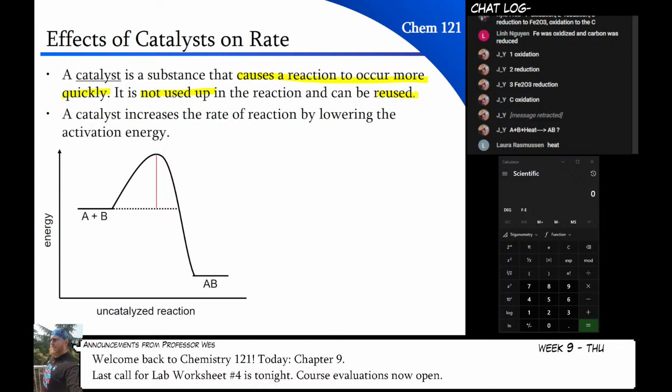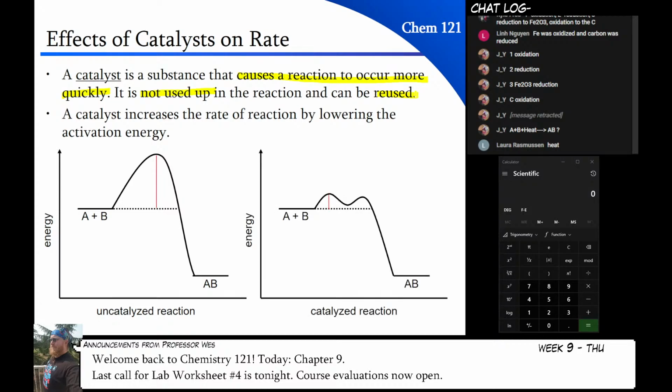If I have a catalyst in my reaction, the energy diagram will change appropriately. When I add the catalyst, I change the activation energy. And by doing this, I end up with a faster reaction than I normally would have.